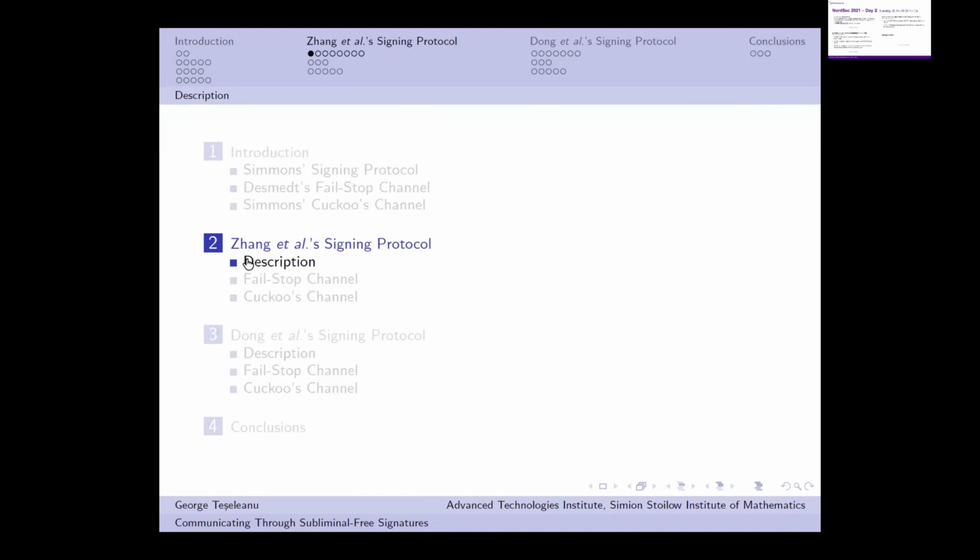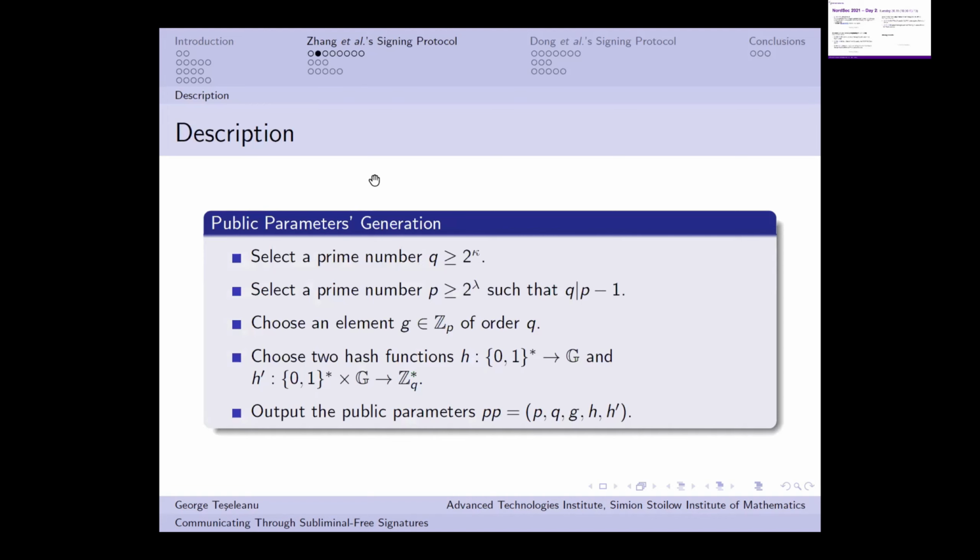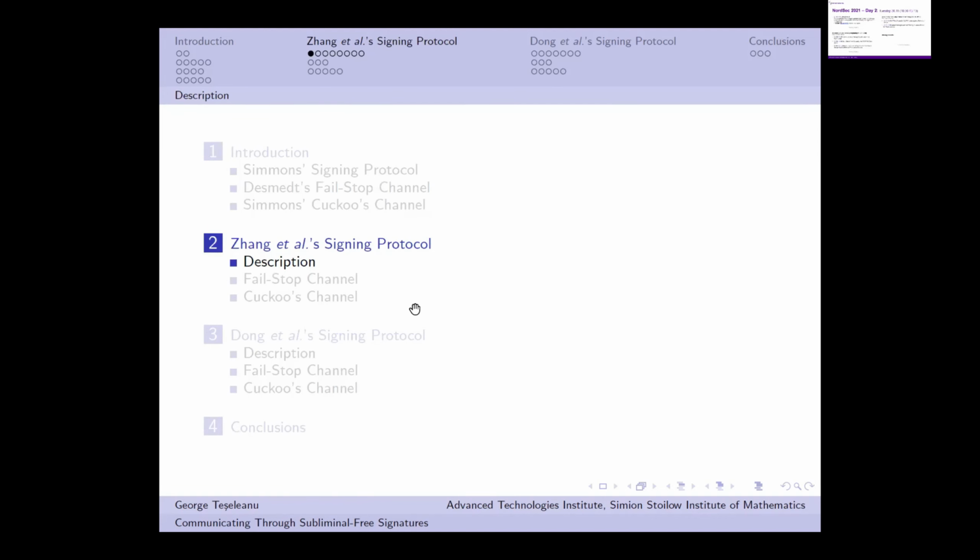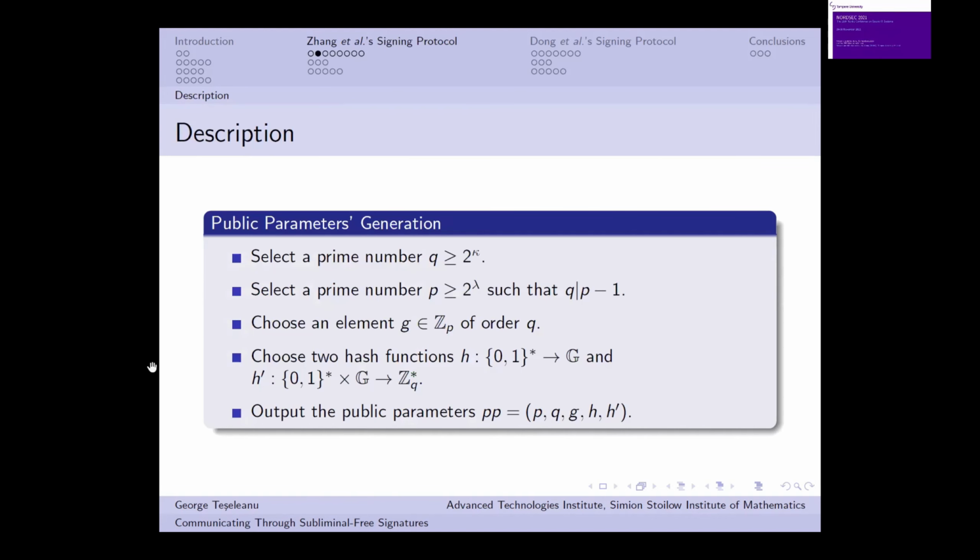Now, I will show you two signing protocols that fail to prevent these two types of channels that I presented before. Jansen's whole signing protocol is actually based on Schnorr's protocol.